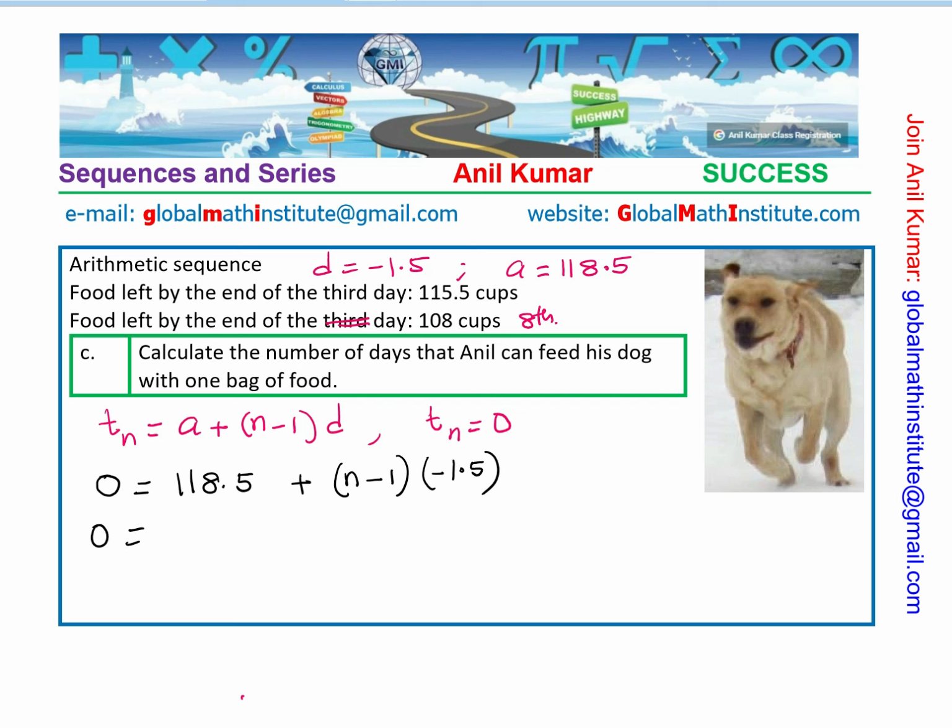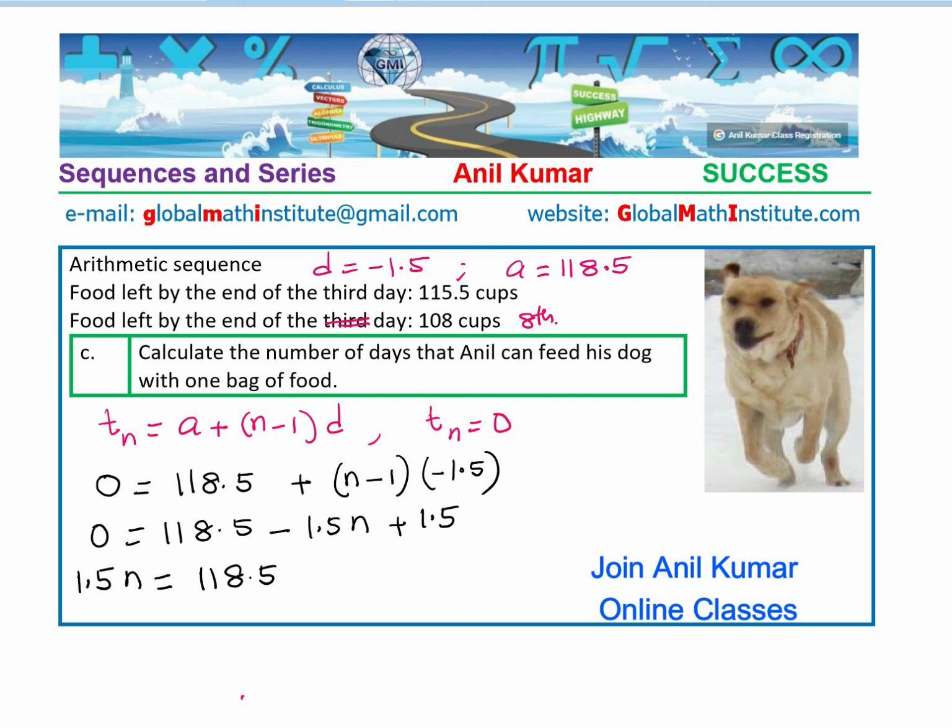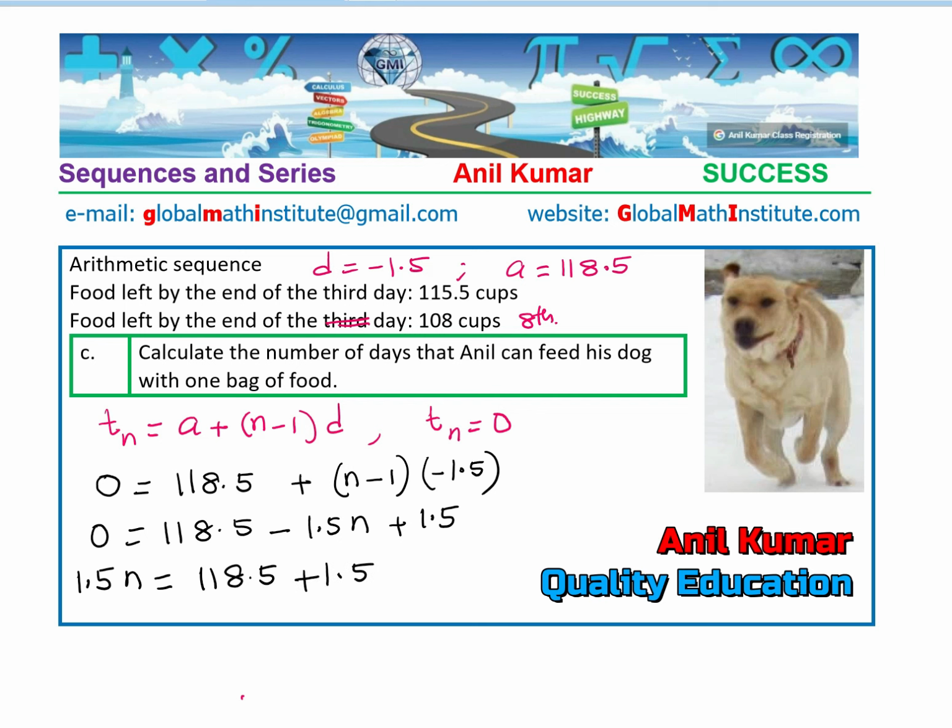So let's open the brackets. We get 118.5, minus times n will give me minus 1.5n, and that becomes plus 1.5. Makes sense? So we'll take 1.5n to the left side, negative becomes positive. So 1.5n equals 118.5 plus 1.5. So let's now simplify this. 1.5n equals, when you add this, you get 120.